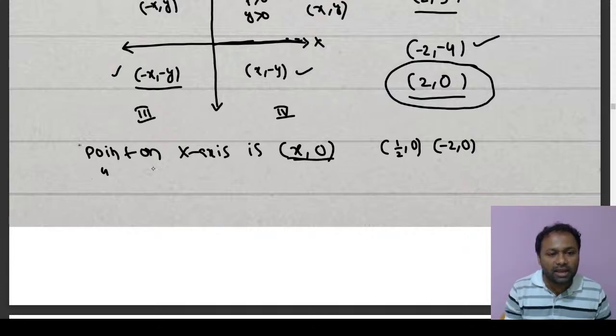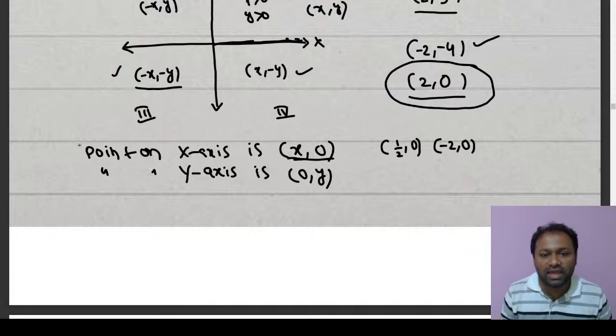Then a point on the y-axis will be in the form (0, y).